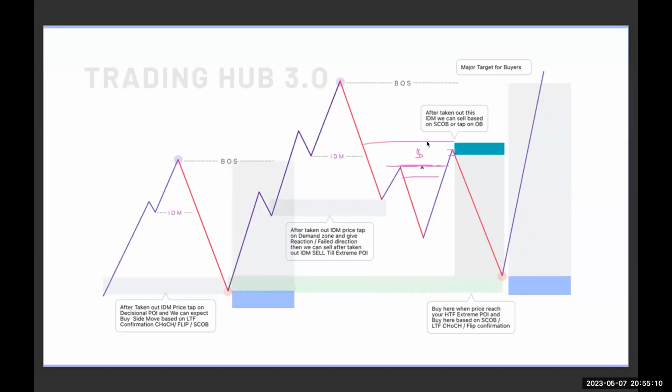Also, if the market mitigates any POI order block here, you can sell till the extreme order block, which is here. Okay, so simply you can sell here something like this.